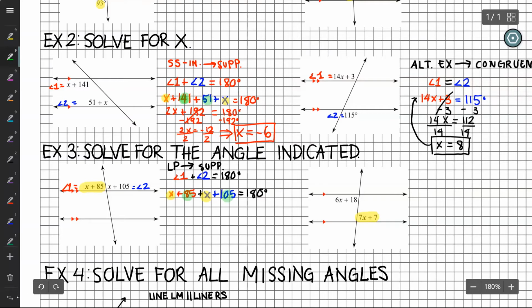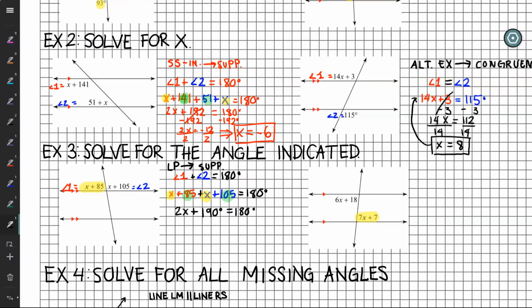So x plus x is going to give me 2x, 85 plus 105 is 190 equals 180, and I have a two-step equation again. So I'm going to subtract 190 from both sides, so I have 2x equals negative 10, divided by 2, x equals negative 5.